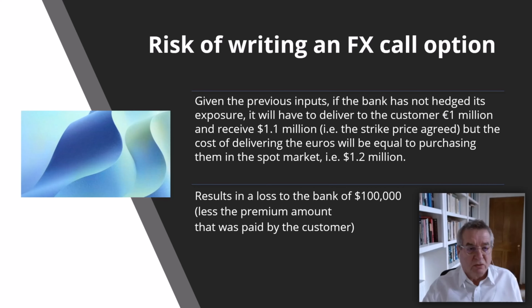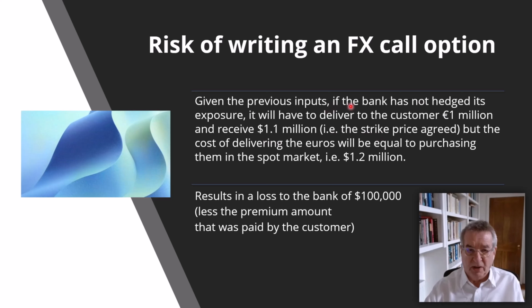So given those inputs that I just mentioned, if the bank has not hedged its exposure, it will have to deliver to the customer 1 million euros and receive $1.1 million, i.e. the strike price that was agreed.